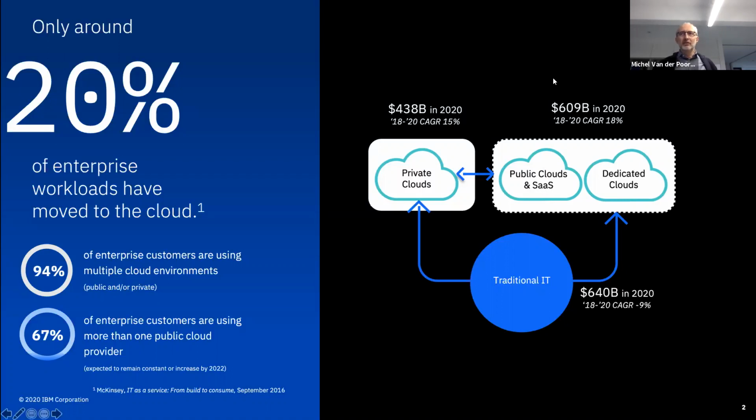If you look at the kind of figures we are seeing here, these are gigantic, and we don't have any indication that this compound annual growth rate will slow down over the next years. I would rather say that considering the crisis we're in with Corona, these figures will only go up because, of course, we're working more and more remote, and having a cloud supporting that remote working will certainly help facilitate things.